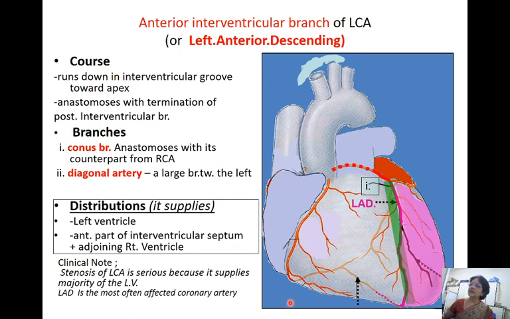Now the clinical note here, which we will look at in great detail: if there is a critical stenosis of this branch, it can give rise to heart failure. It's serious because it supplies the majority of the left ventricle. We know that the major outflow comes by contraction of the ventricular chambers. So the LAD is also the most often affected coronary.